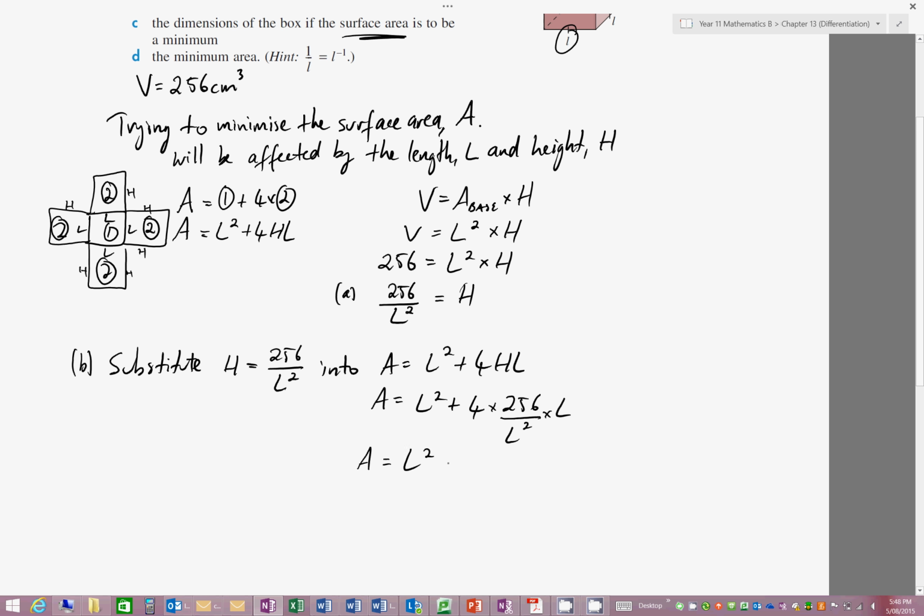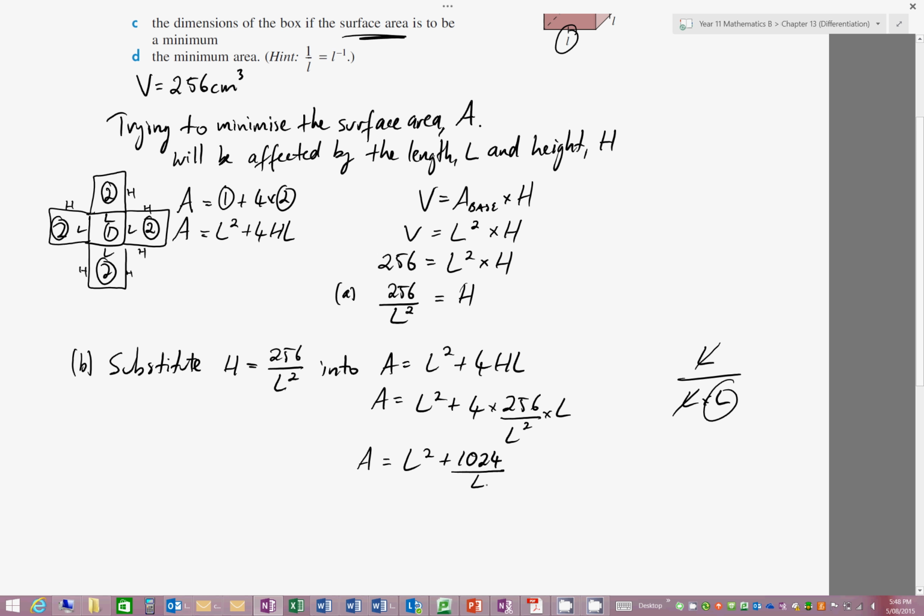And I can do some simplification here. 4 times 256 is 1024. L divided by L squared, so L on L squared is like L times L, so I'll have one L cancel. I've just left over 1 underneath.